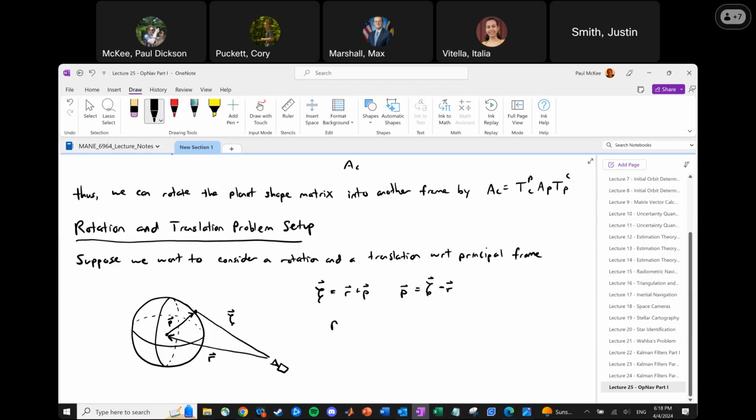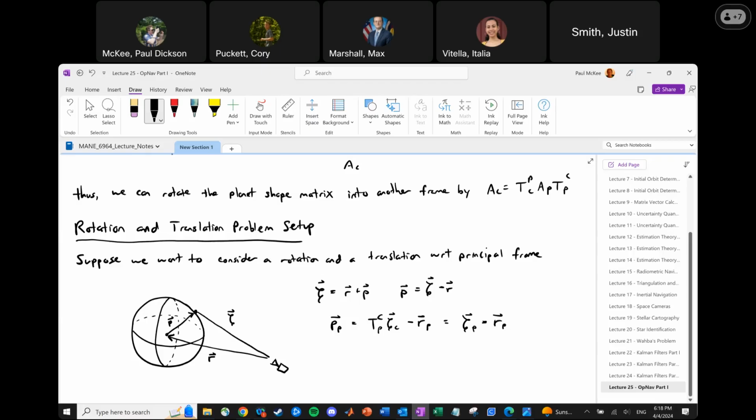And you could say that P in the principal frame is T C to P zeta in the camera frame minus R in the principal frame, which is the same thing as saying it's zeta in the principal frame minus R in the principal frame.